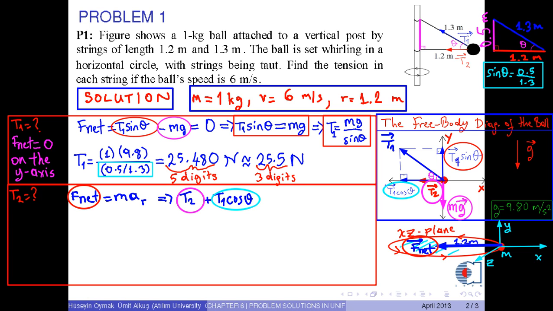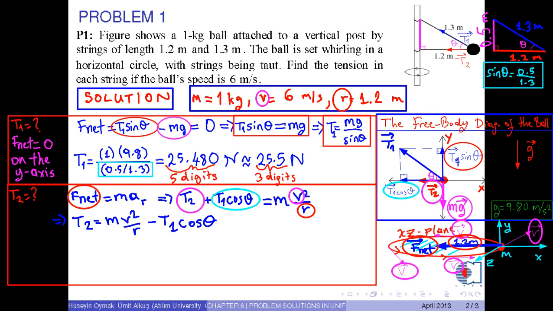And radial acceleration denoted by a_r is found by the formula v squared over r. Thus, the expression for T2 is found as T2 equals m times v squared over r minus T1 times cosine theta.